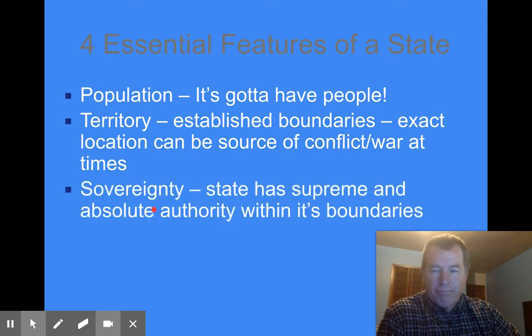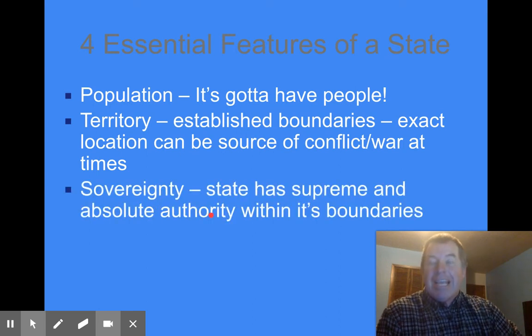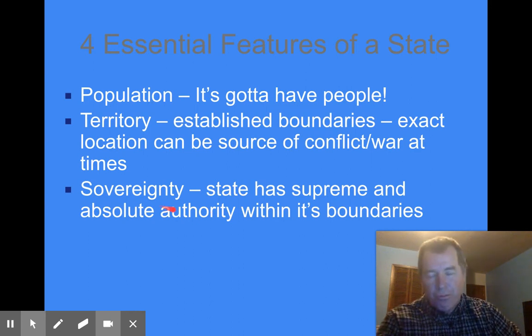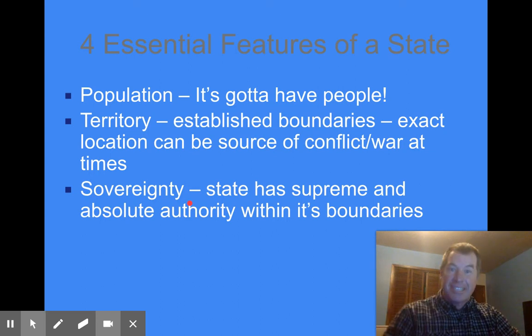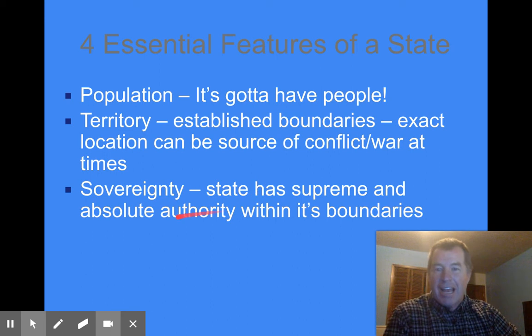There's some countries that will have issues over where boundaries start and stop, but for the most part, we have established territories. Okay, has to have sovereignty. This is one of the key ones. This right here is the reason why California is not a state by this definition, because California does not have supreme and absolute authority, right?